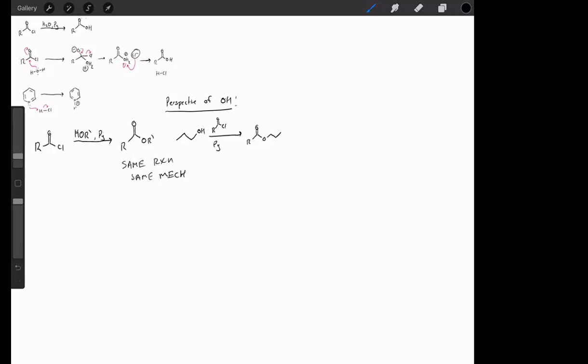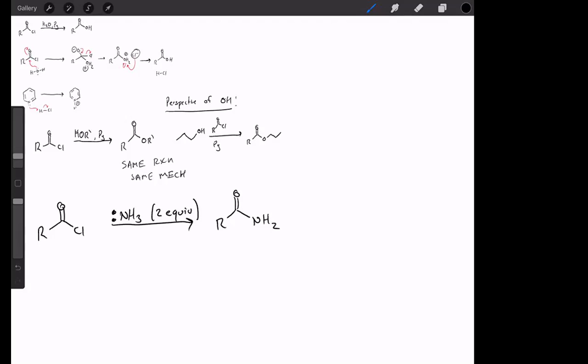So along the veins of those similar reactions would be the formation of amides from acid chlorides. Now remember that ammonia and amines are basic in themselves. So instead of pyridine, I just need two equivalents of the amine.